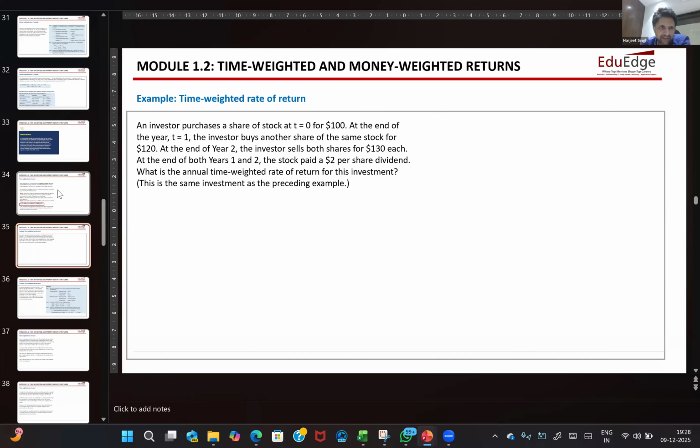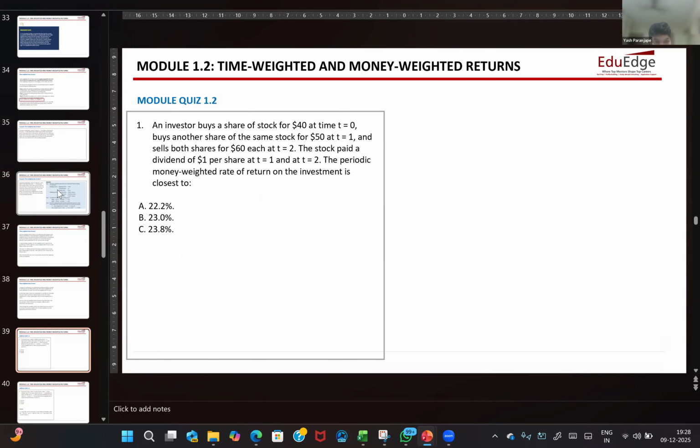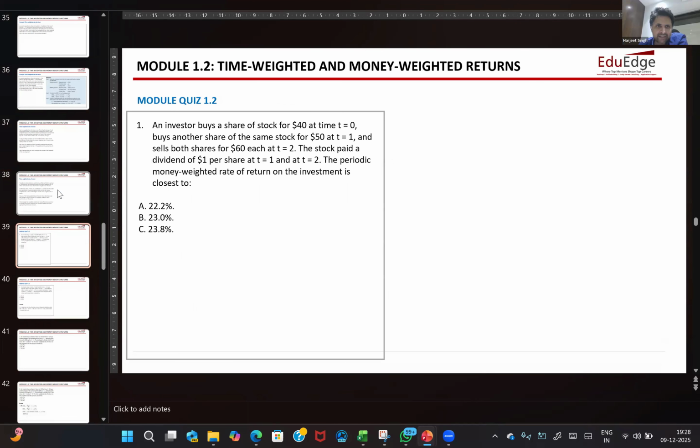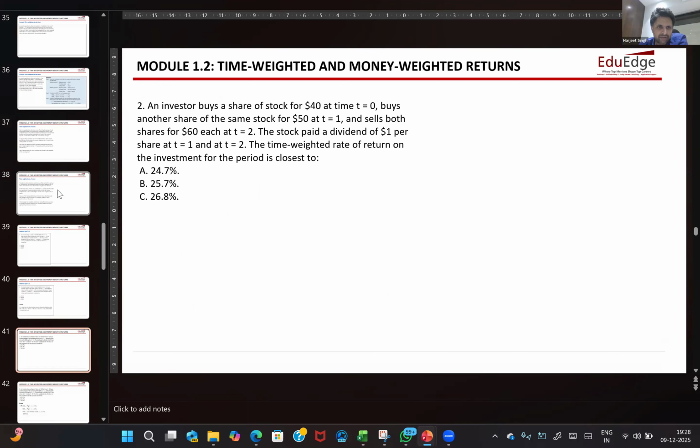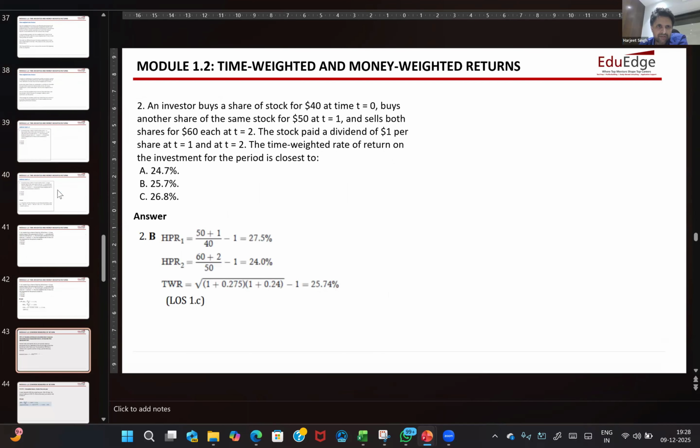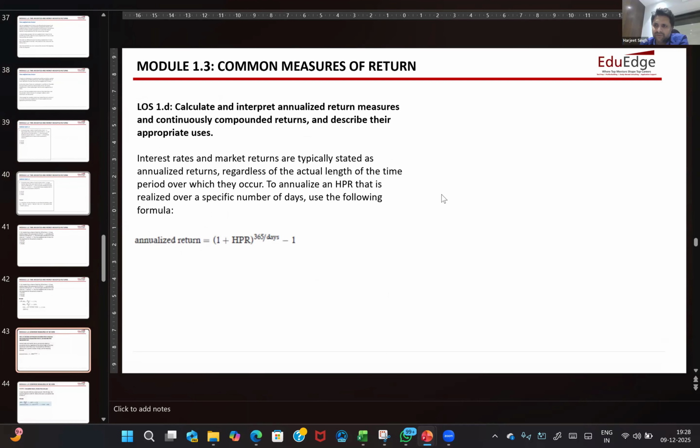You can also solve slide number 35. That's TWR. We've discussed both of these. You can try these two. And there are some quiz questions on 39, 41 also. These you can do.